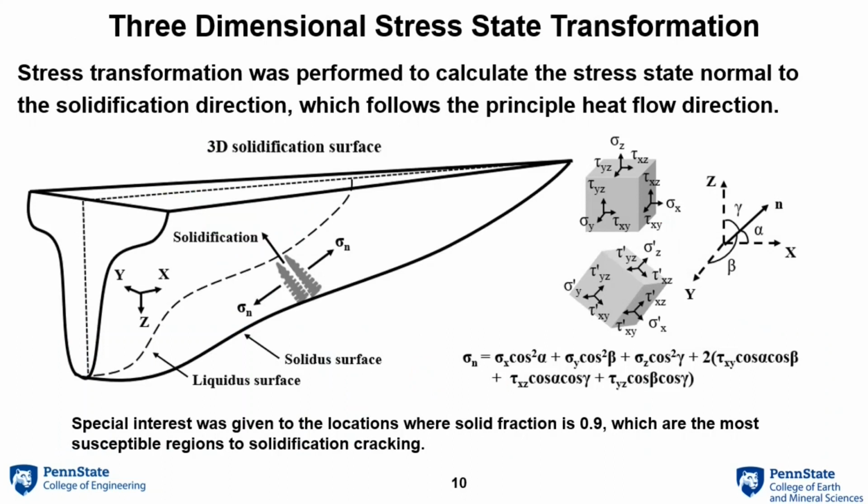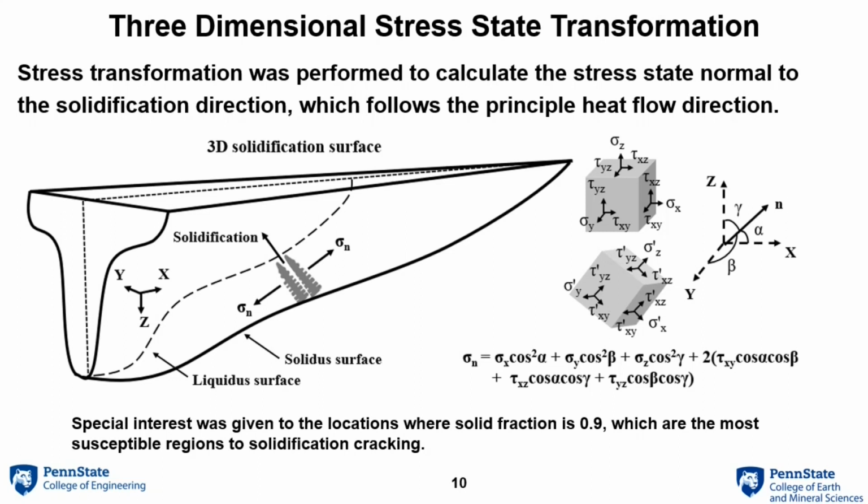So even though we are able to calculate the stress state along the x, y, z directions, essentially what we need here is the stress level normal to the solidification direction, because that is the stress that really separates the adjacent dendrites. The solidification direction can be determined based on the principal heat flow direction, which can be obtained from the heat transfer model.